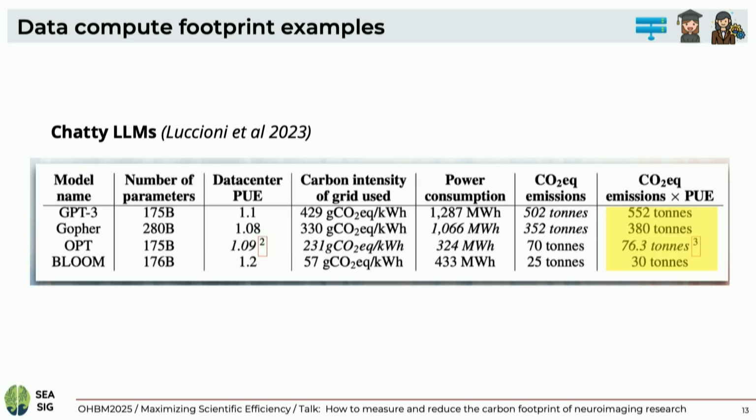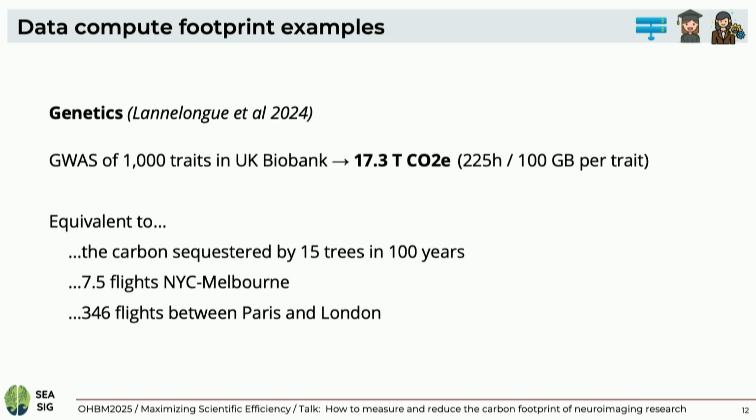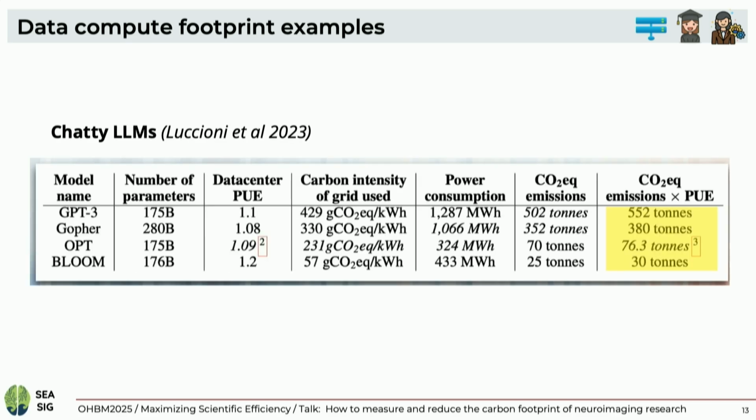I was not going to put AI in before, but until last year we were not talking about AI much. These days, everybody uses AI, even if you are not working on AI research. Everybody uses some version of LLMs for their daily research. And if you thought GWAS produces a lot of carbon, LLMs are much worse.